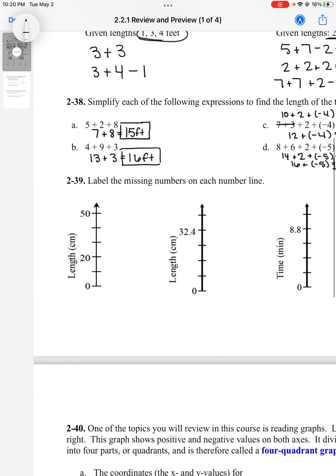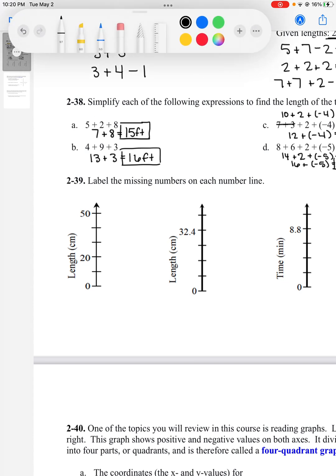Okay, problem 39. Label the missing numbers on each number line. So there's a couple ways I can do this. I'm going to go through the way that I do it. If you have a different way to do it, feel free. So what I do first is I say, okay, what do I know about the number line? I know that 50 is the highest value and 20 is around the middle.